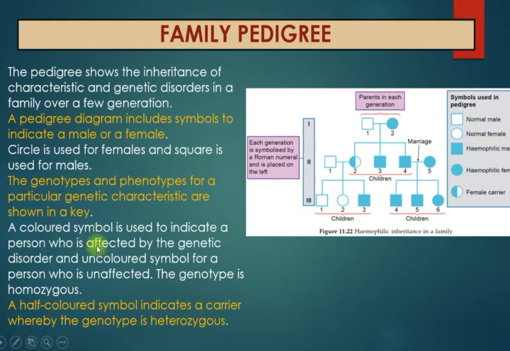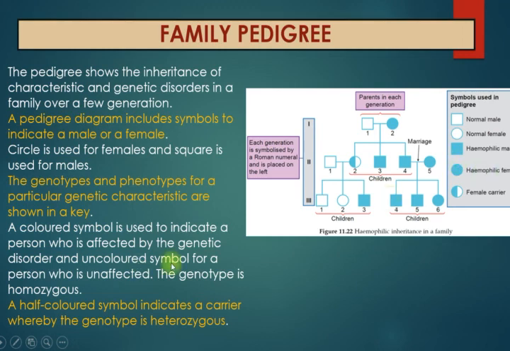A colored symbol is used to indicate a person affected by the genetic disorder, here hemophilia. A colored square refers to a hemophilic male, and a colored circle refers to a hemophilic female.